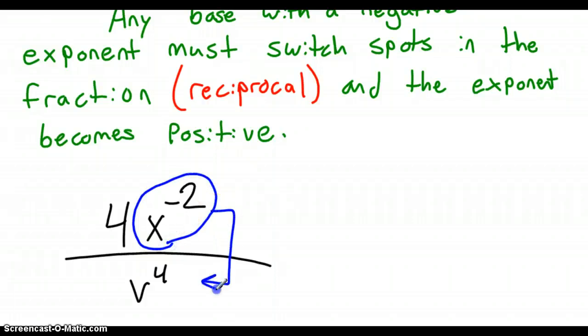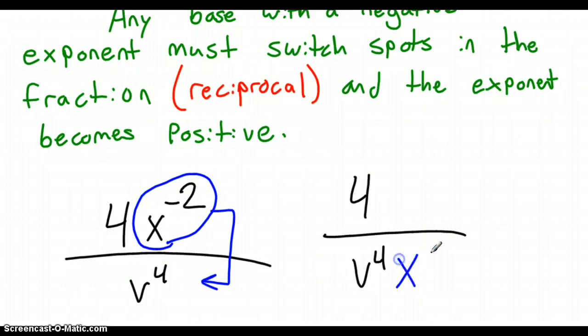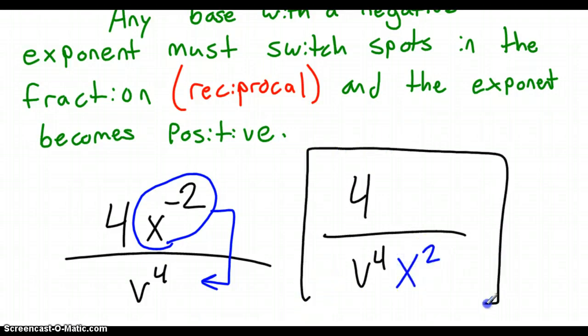So we will switch spots in the fraction and turn positive. But notice how the 4 and the v to the 4th power do not have any negative exponents with them. They will stay right where they are. So I'll have my 4 up top, my v to the 4th down low, and it will be joined by my x squared. Right, and this will be my final answer.